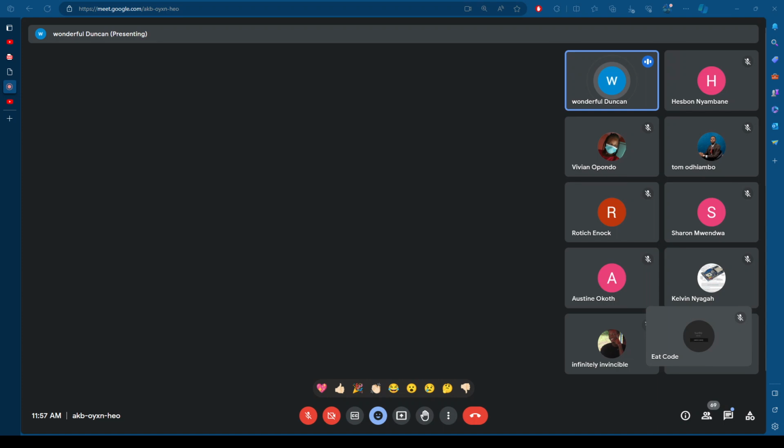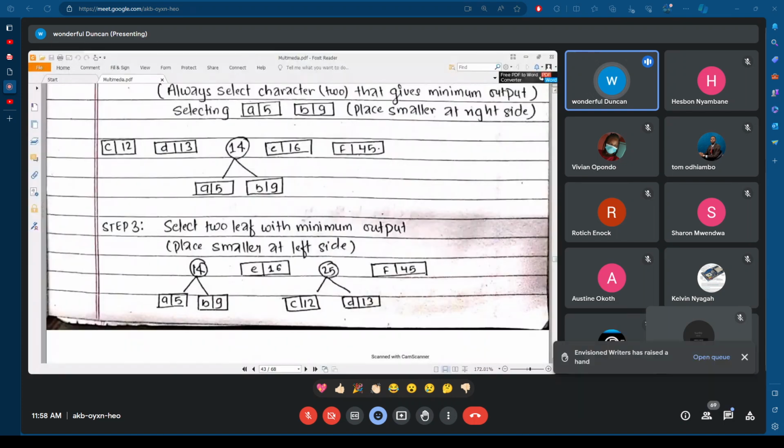Then select two leaves with minimum output. We see C and D have the minimum, since 14 is above 13, and 45 is also above 13 and 12. So 12 and 13, C and D, have the minimum output.